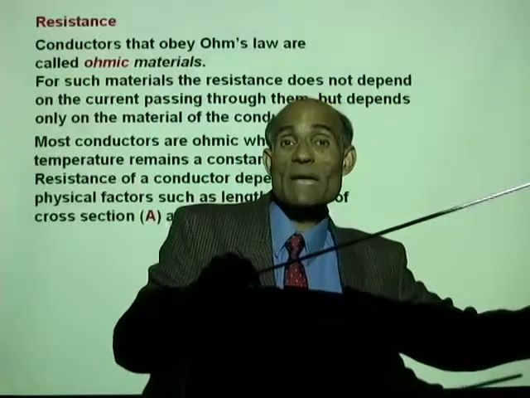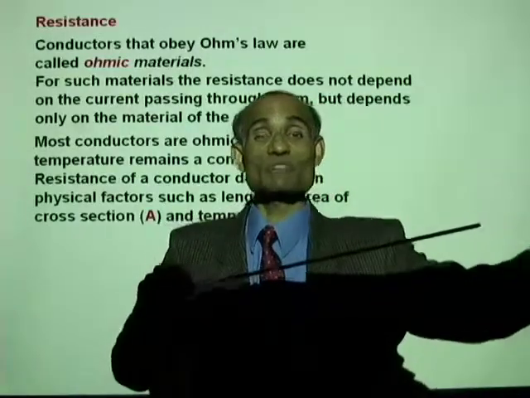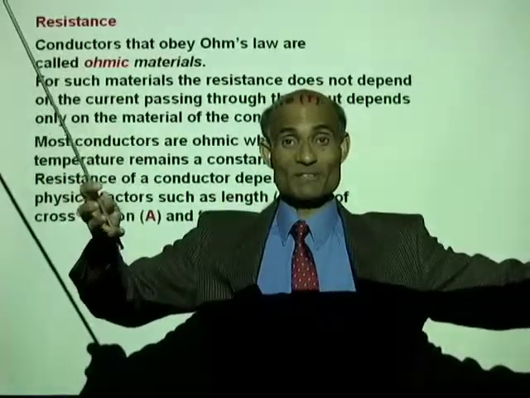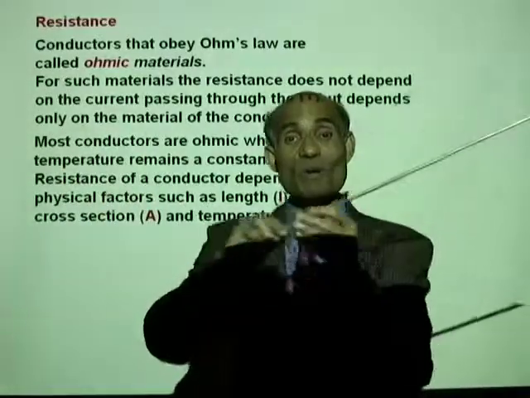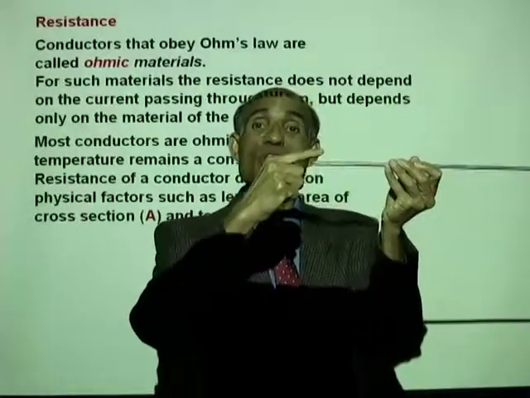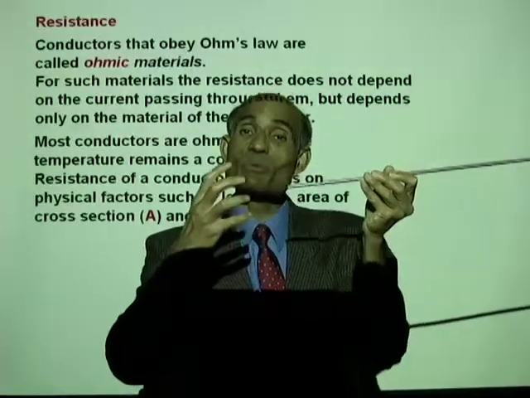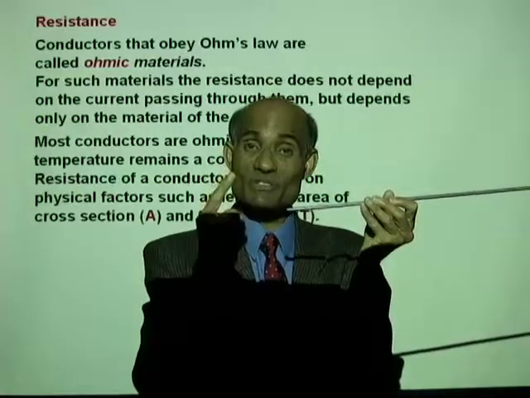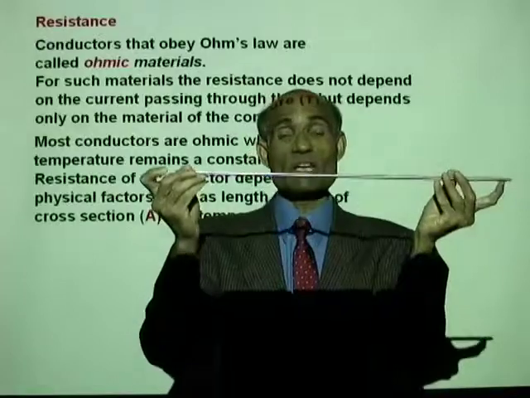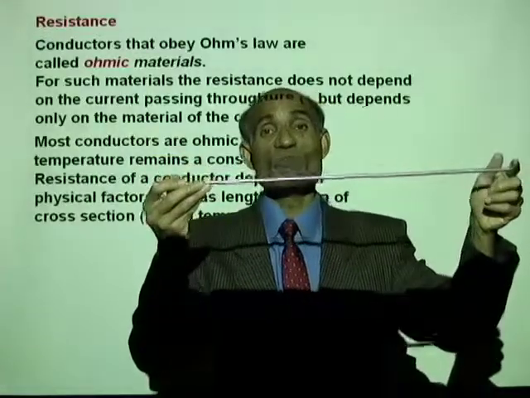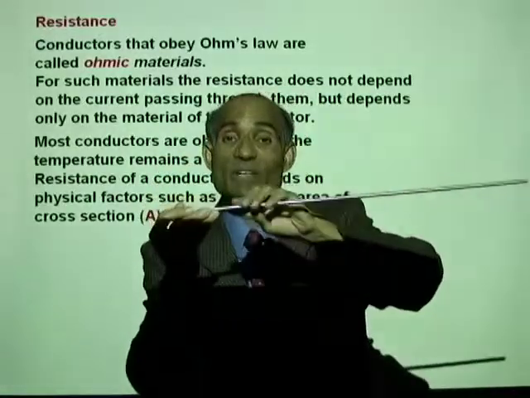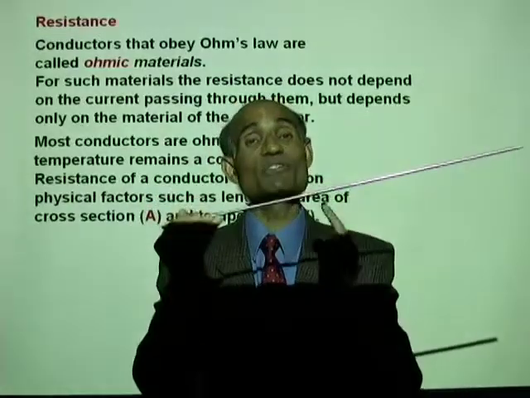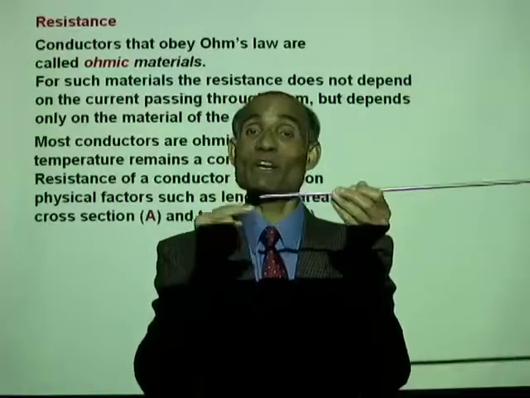If you want to make it easy for people to pass through a corridor, we had better make the corridor wider. So as the area of cross-section increases, it will be easier for electric charges to drift through. The resistance decreases. And so the resistance of a conductor varies directly as the length of the conductor and inversely as the area of cross-section.